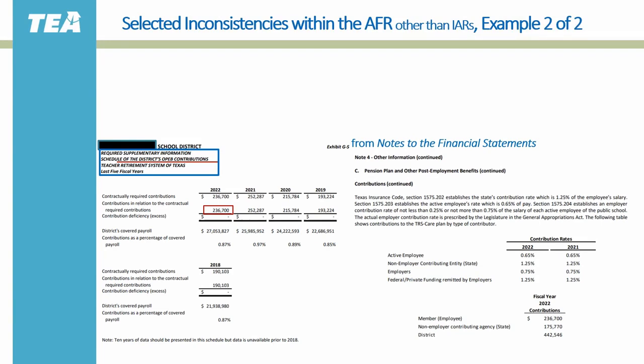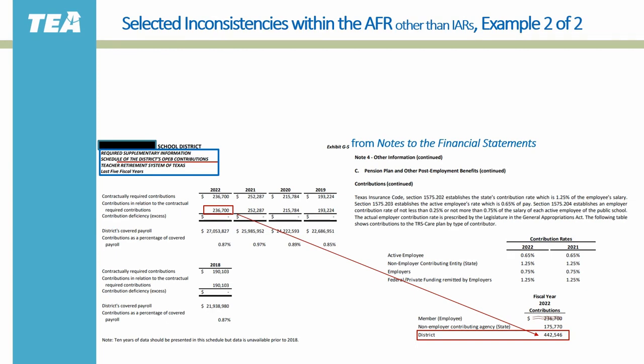However, on the right-hand side, you can see Note 4 reported the district contributes 442,546 to the plan. These two numbers do not agree with each other. It appears that the school district reported the members' contribution instead of the district's contribution in its schedule of the district's OPEB contributions.